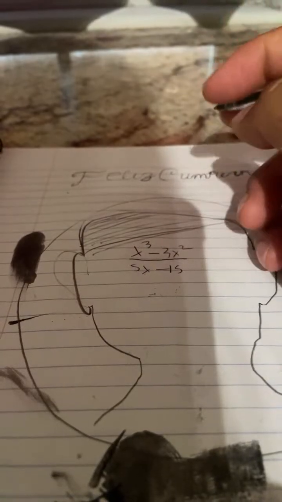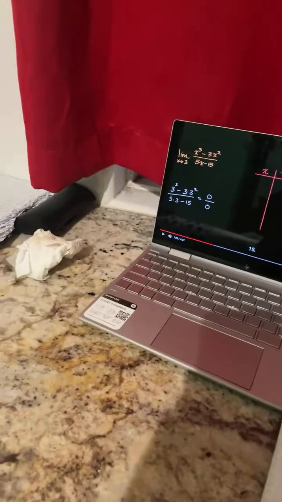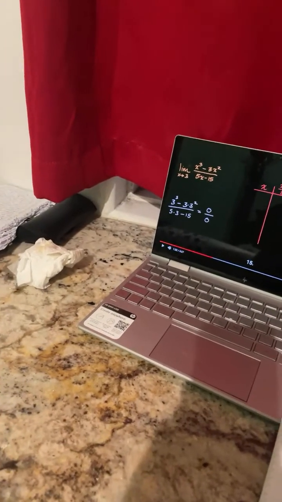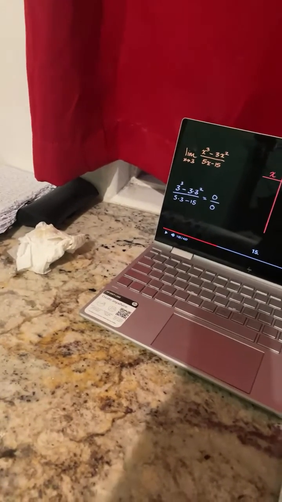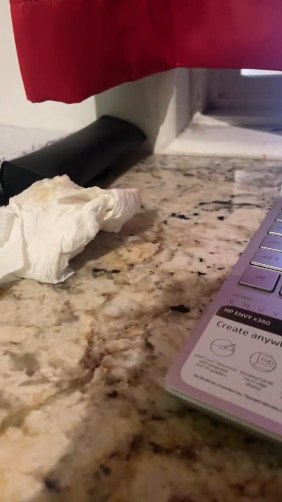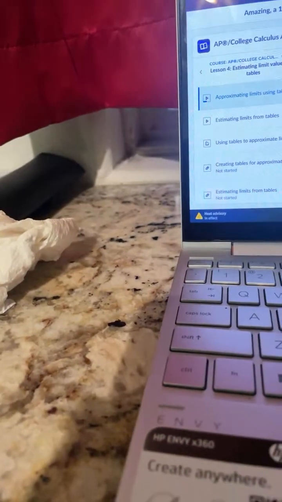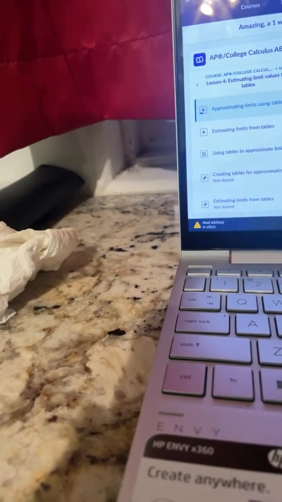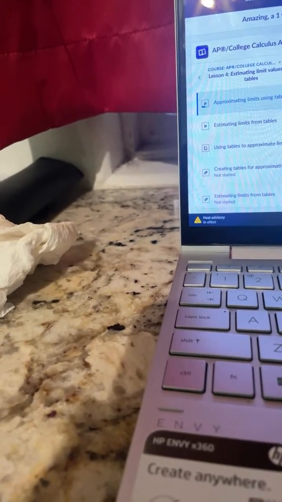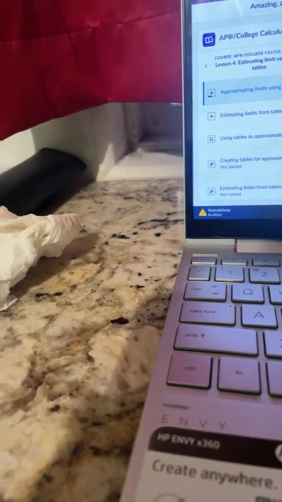In which standard are you now? Right now I'm practicing AB, but I'm going into BC.